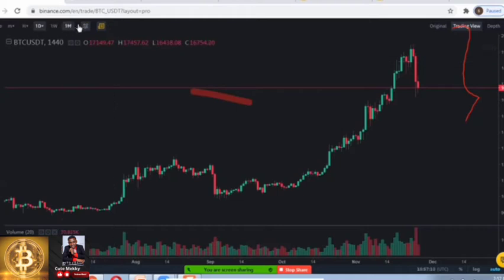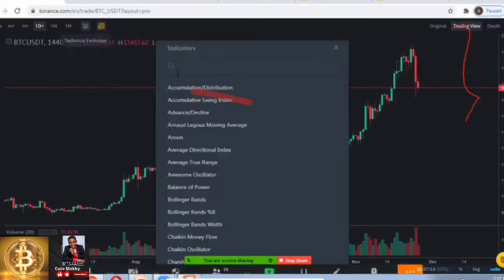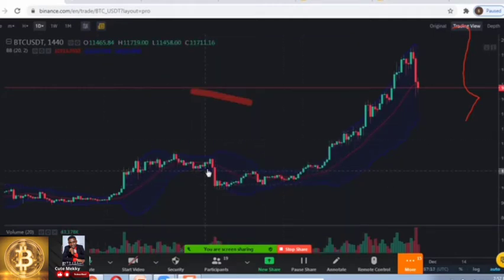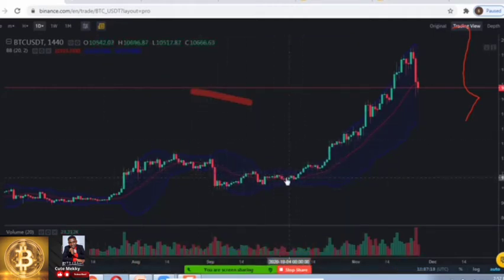So I can go to indicator, I bring the Bollinger Band. So it's already on my chart. You see the place where you have low volatility, you see the bands come close together at this point. This particular point is what we call the Bollinger Squeeze in the market. What you are looking at to enter your trade here is a breakout out of this point.